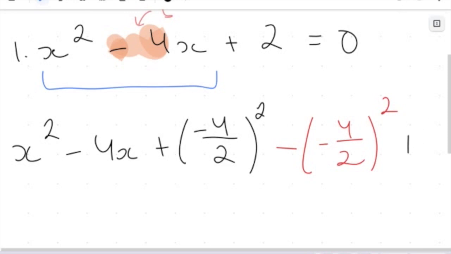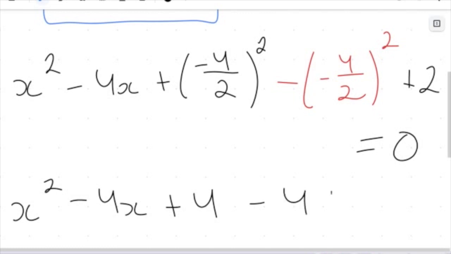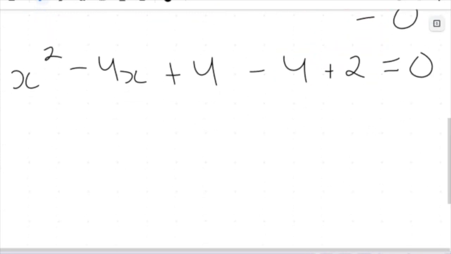Okay, and then I have +2 equals 0. So what do I get here? Well, I get x squared minus 4x, and then -4 divided by 2 gives me -2, all squared gives me +4, and I'm subtracting 4 and adding 2, and that equals 0.